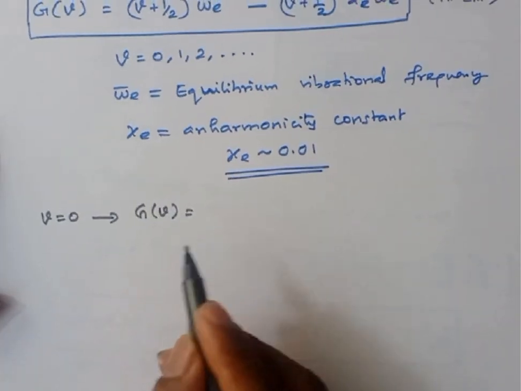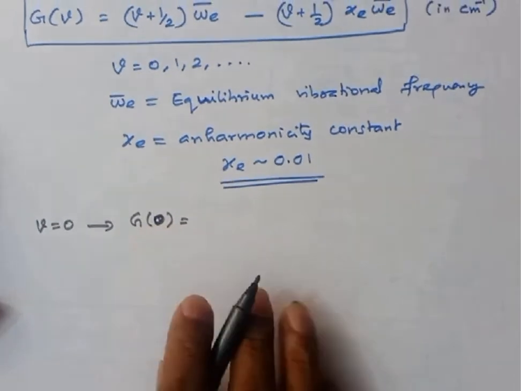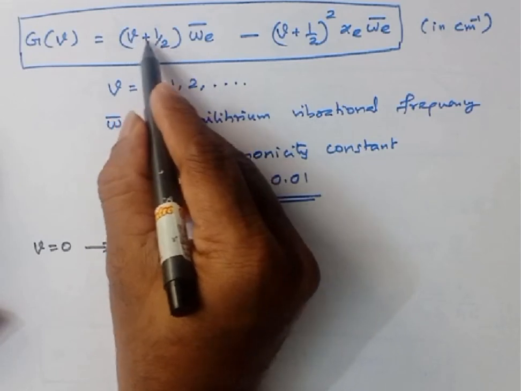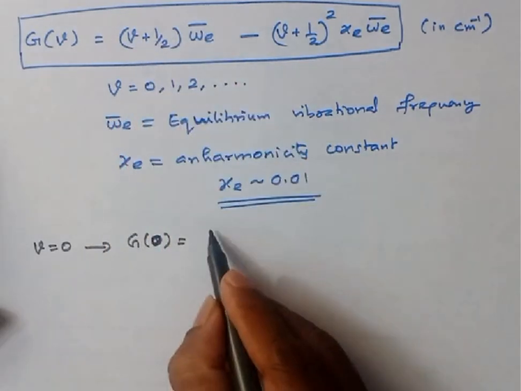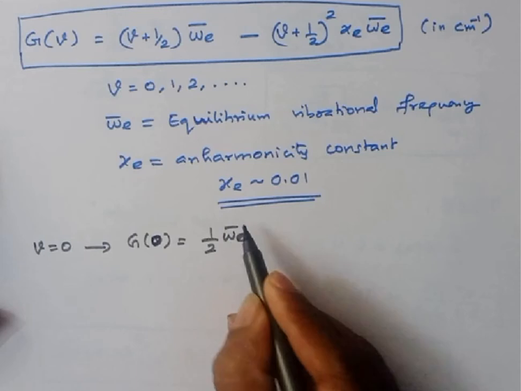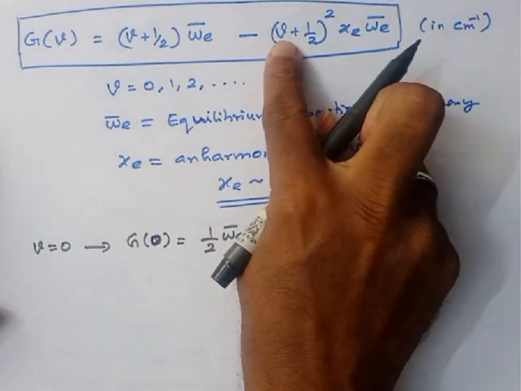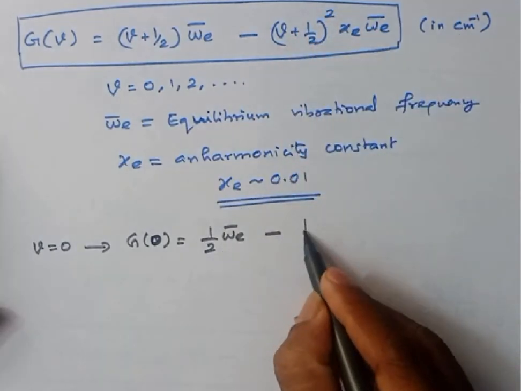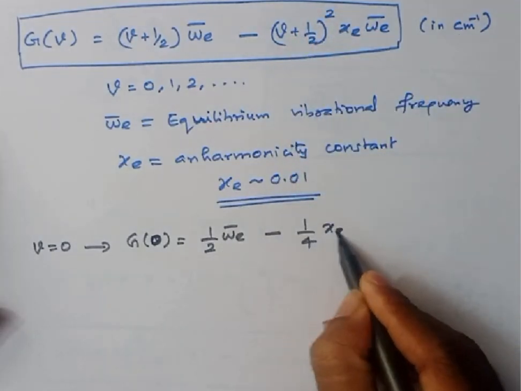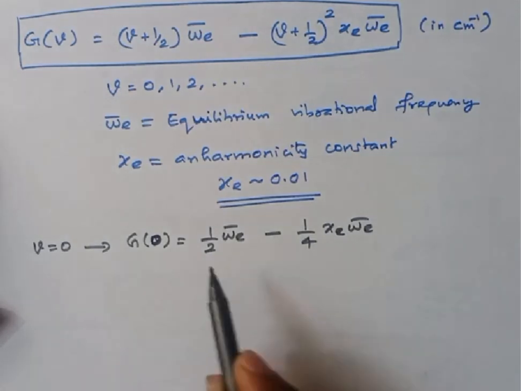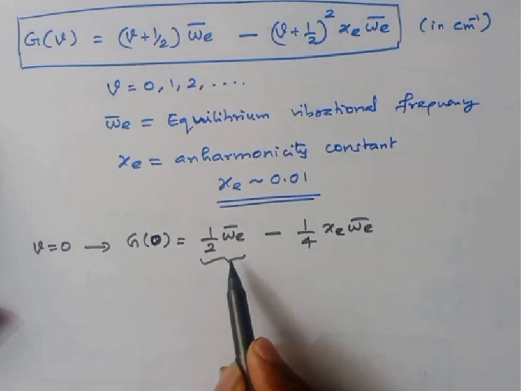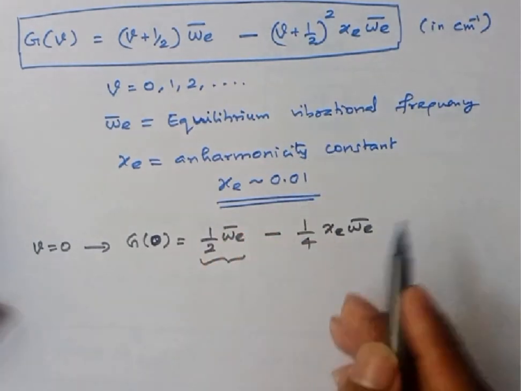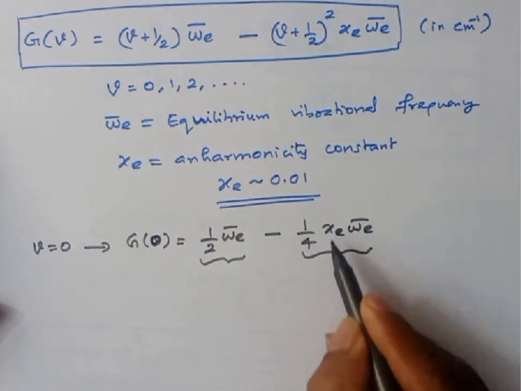G0 equals, wherever V is there, you put 0. 0 plus half is half into omega e bar, minus, 0 plus 1 by 2 is 1 by 2, and 1 by 2 squared is 1 by 4, so 1 by 4 into Xe into omega e bar. Actually this is the ground state energy for a simple harmonic oscillator. For an anharmonic oscillator, you must subtract this quantity from this value.